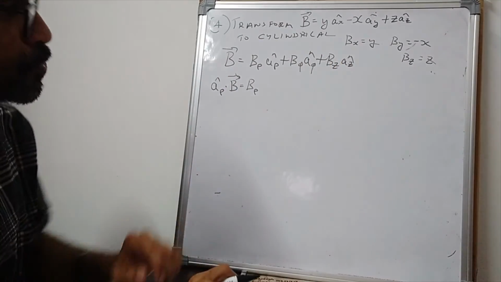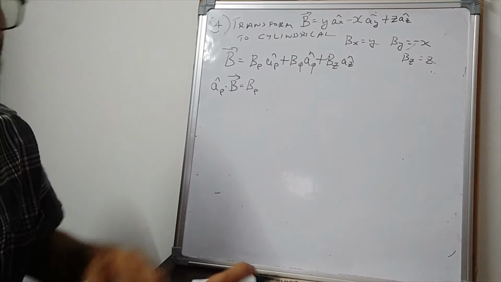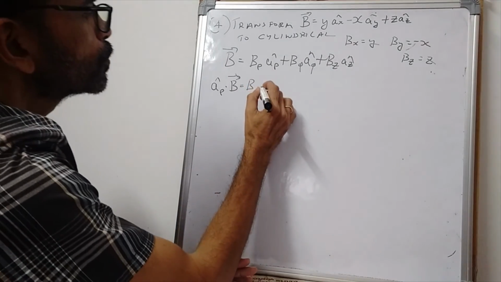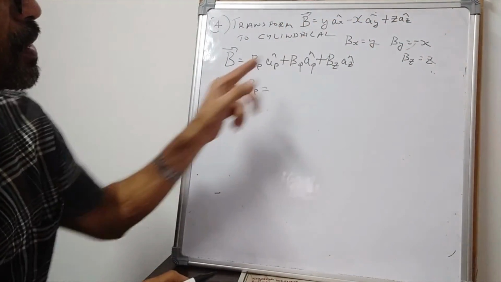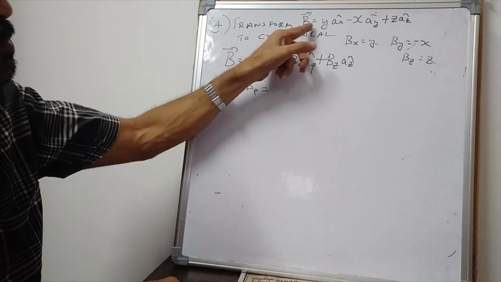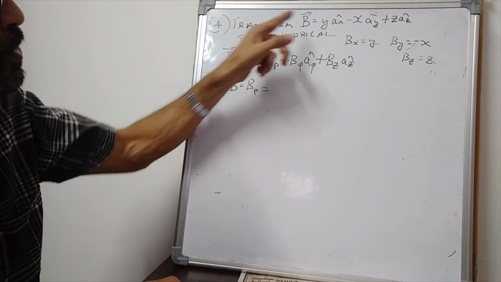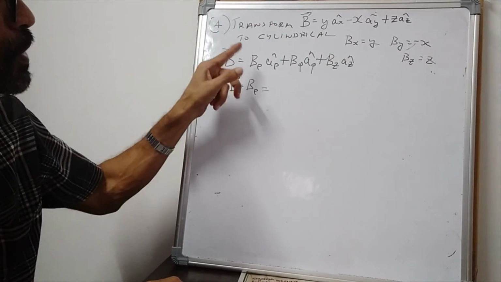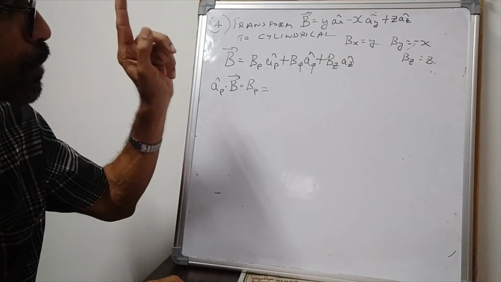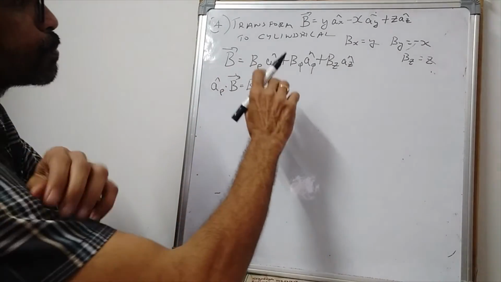This will be 0, this will be 0, because these two are perpendicular to arrow cap. So b rho will be equal to b over here. Because the vector is the same, if I dot it with this representation or this representation, I should get b rho, the rho component of b.